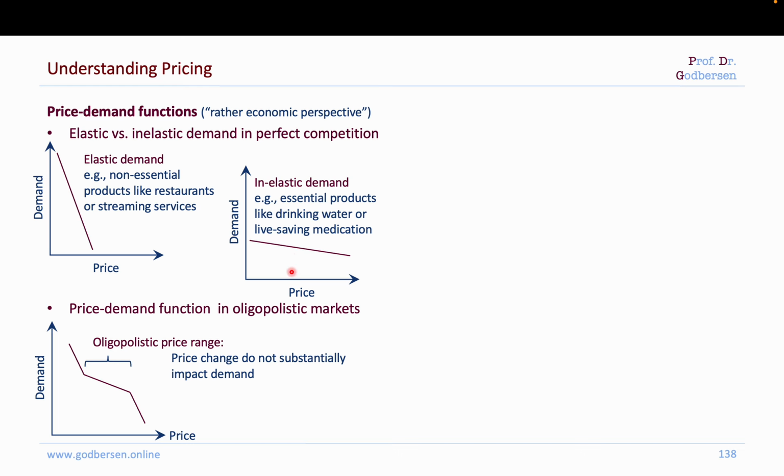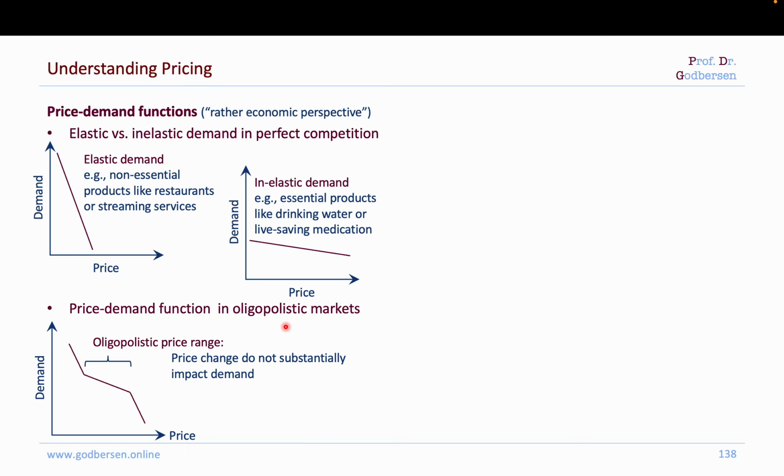Generally speaking, we normally have oligopolistic markets. That means just a few suppliers, a few companies on the supply side, and many on the demand side, many potential customers. And in such oligopolistic markets, it is not too important to find the absolutely best price, the exactly best price.